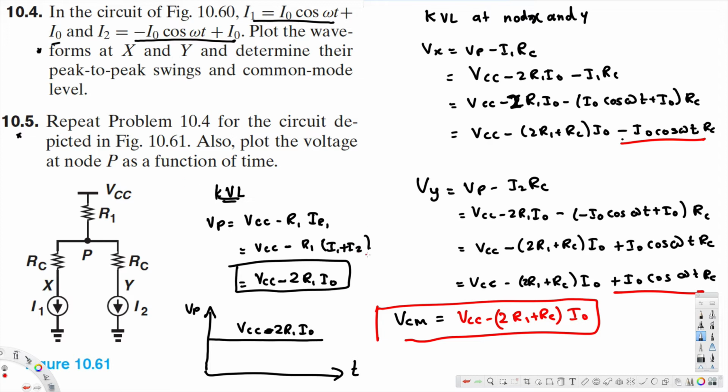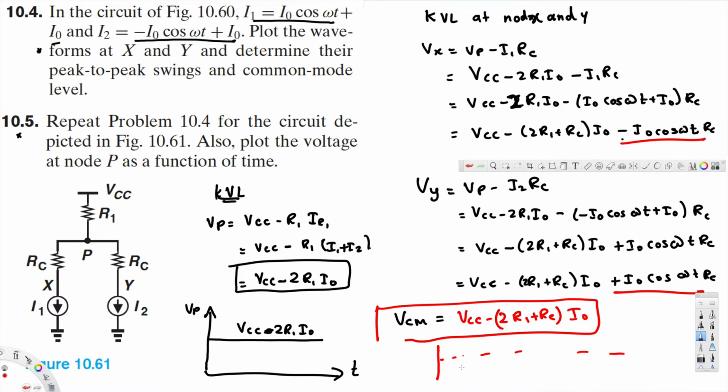And if you want to draw the diagram for the peak to peak, VX and VY are going to look like this.